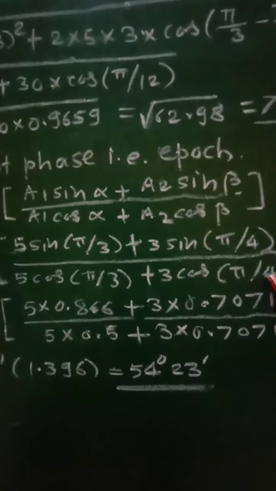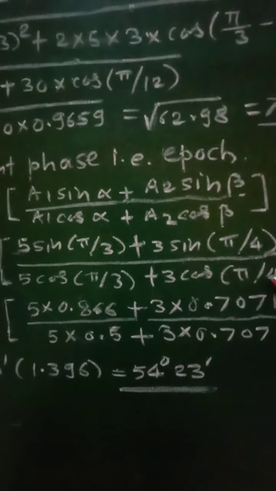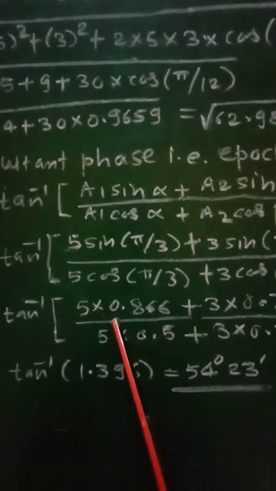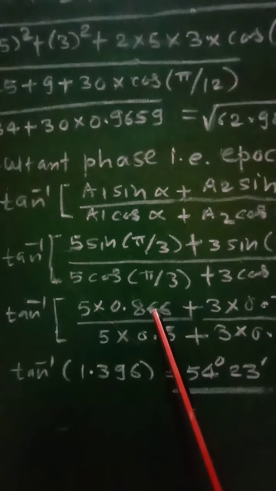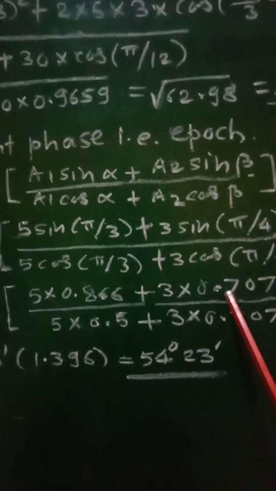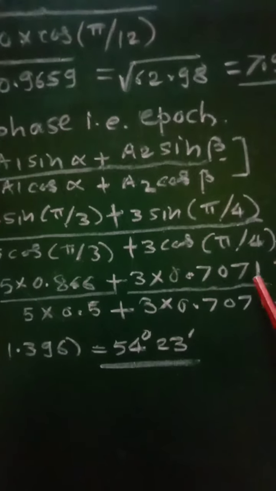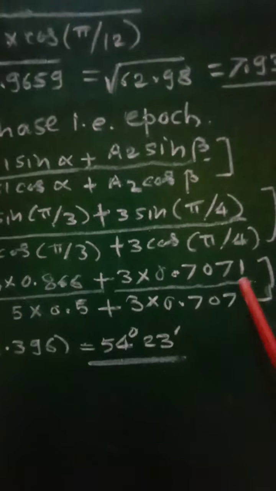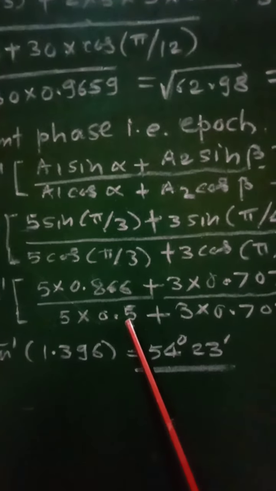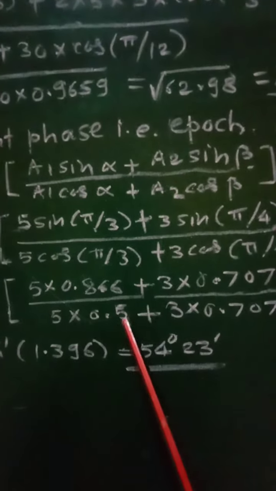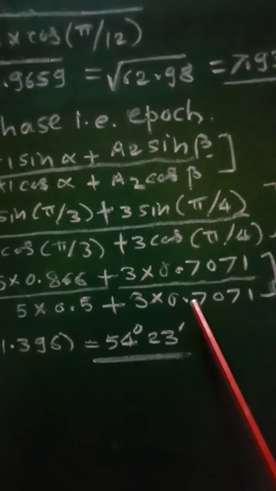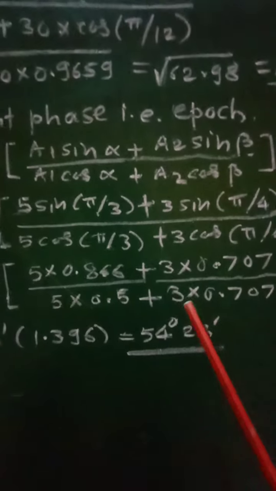Putting the values of a, α and β, we get tan⁻¹[(5 × 0.866, that is sin π/3, + 3 × 0.7071, that is sin π/4) / (5 × 0.5, that is cos π/3, + 3 × 0.7071, that is cos π/4)].